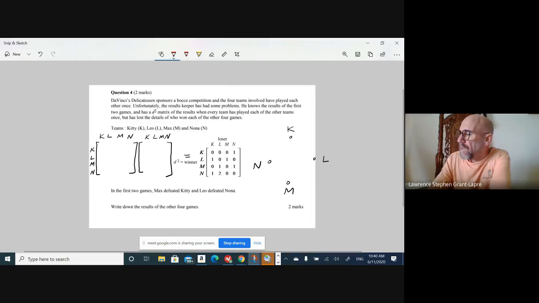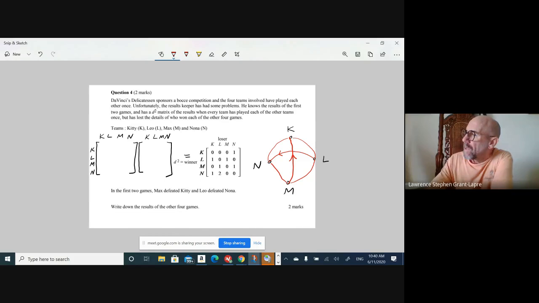So we're told that Max defeated Kitty, so we put an arrow that way. Leo defeated Nona. And we don't know the other four, so we don't know where to put the arrow for these games here.